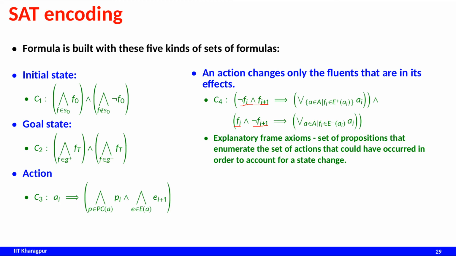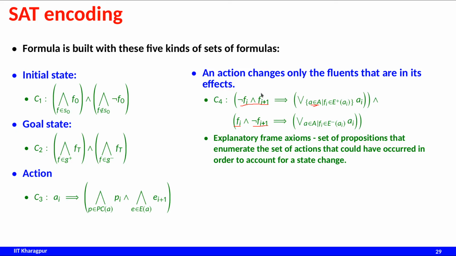So we can say that whenever there is a change in the proposition or the fluent, then one of those actions has to take place. If there is a change, then the action that has this as its effect has to take place.